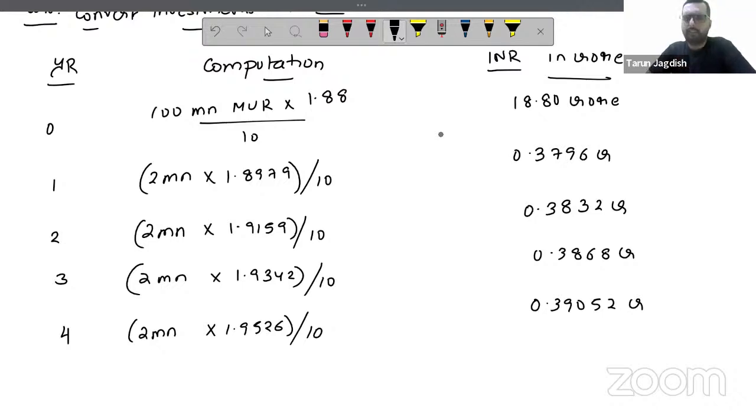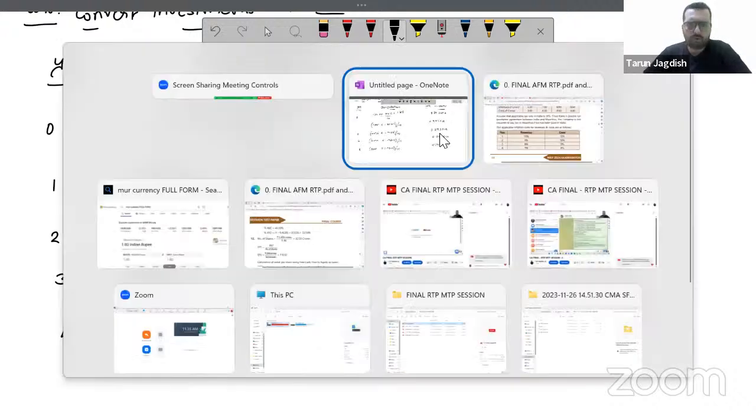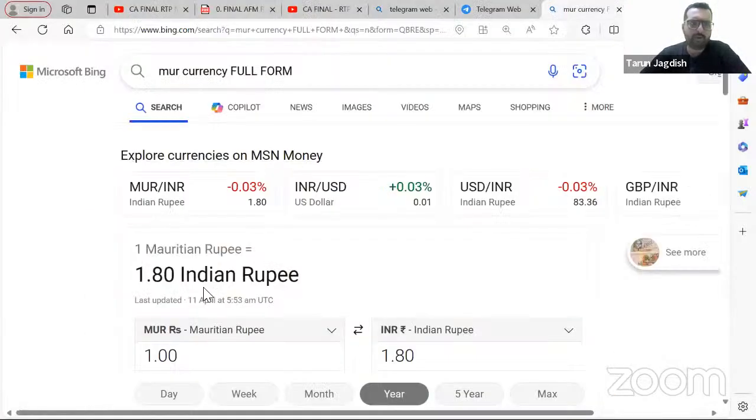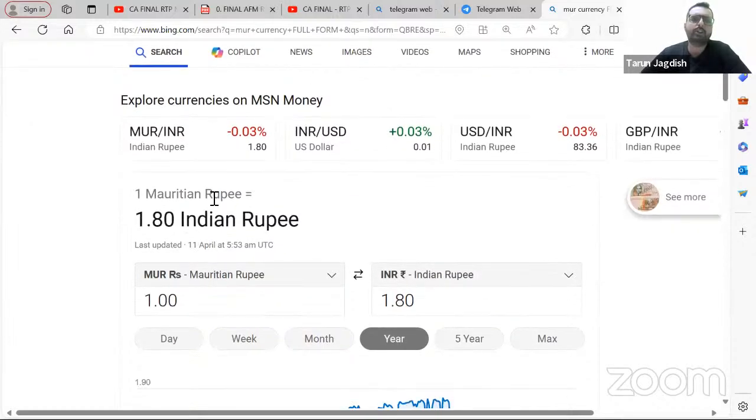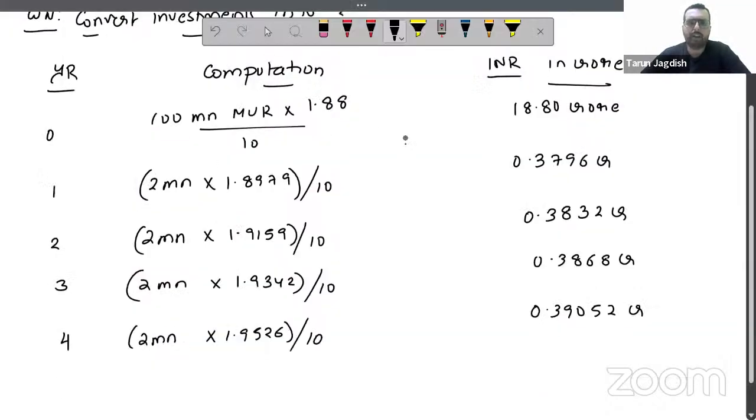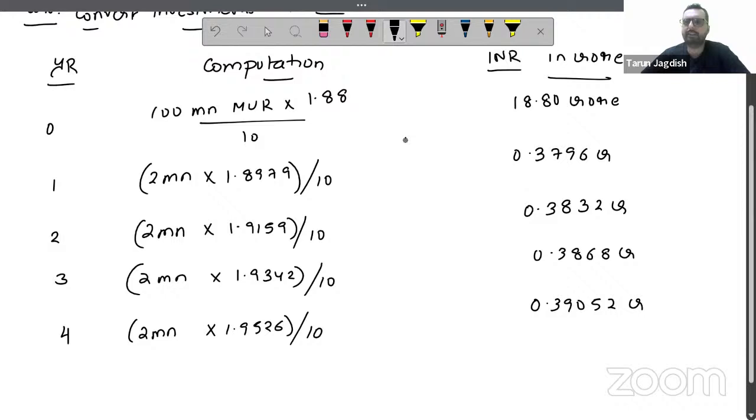MUR is a stronger currency, correct. So 2 million will be actually 3.79 million rupees. But in crore, it's showing 0.37 crore. That's all. MUR is a stronger currency. I think that's what we saw in Google also. It is 1.8 Indian rupee for 1 Mauritian rupee. Okay. Fine, friends. So I believe we are done with converting the investments into rupees.